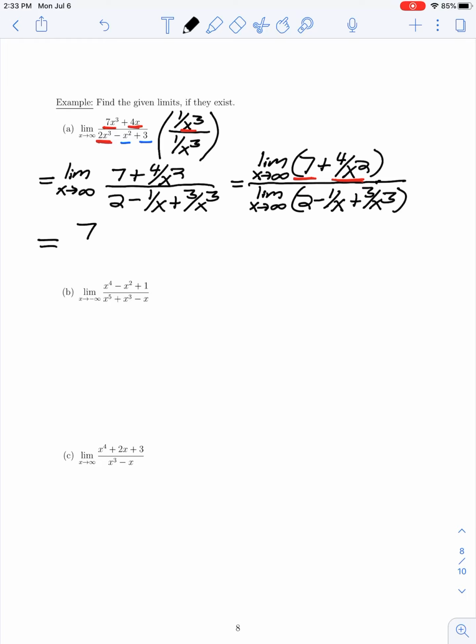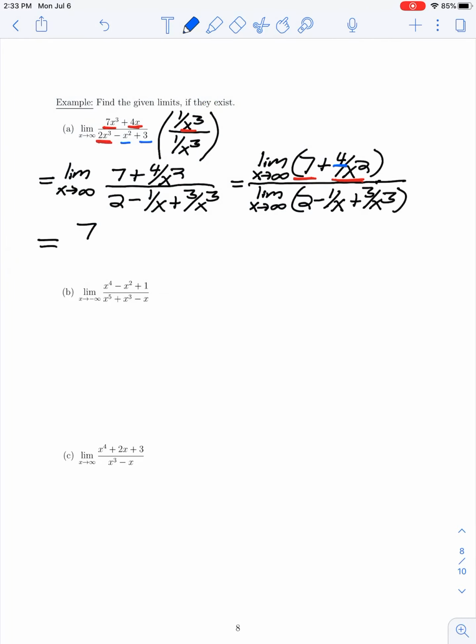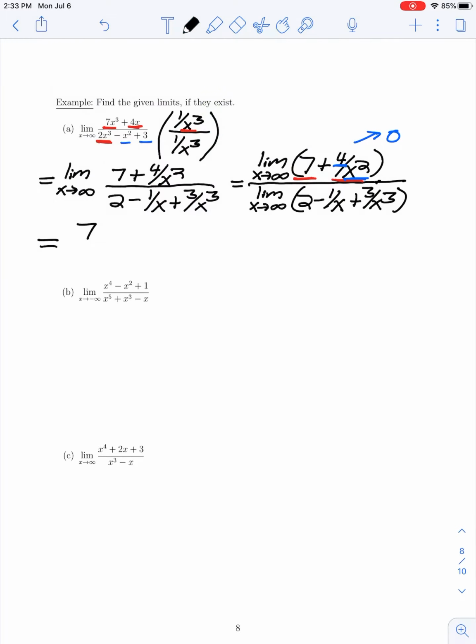We just said in the previous example, if we have a fixed constant, like say 4, and we're dividing by larger and larger numbers, that ratio is getting smaller. It's approaching 0. So for our numerator, we're going to have 7 plus 0.